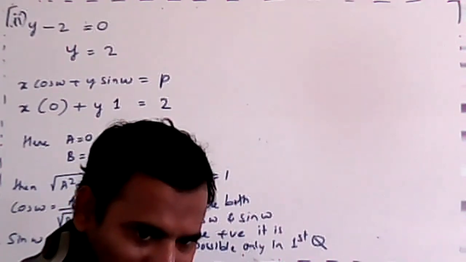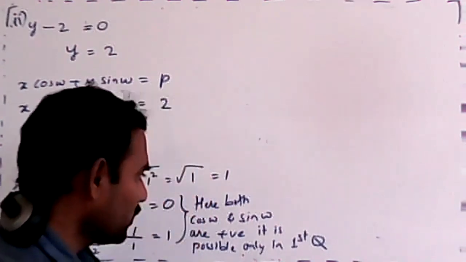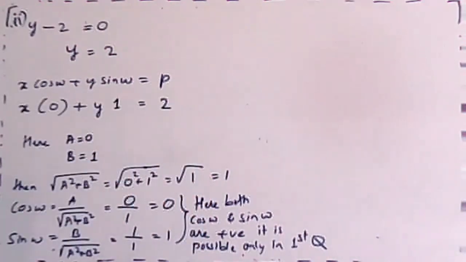This is the second problem solving. Those who are not understanding can go through this again, and if you take the notes in the same way, you will really understand. Here both are positive only in the first quadrant. In the first quadrant, cos omega is equal to 0. Cos how many degrees is equal to 0, and sin how many degrees is equal to 1?